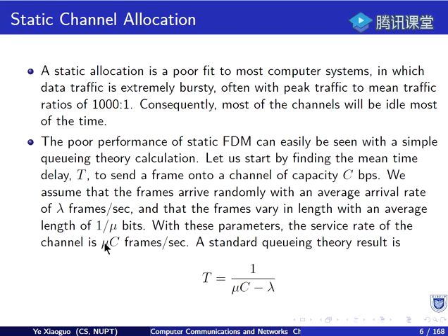Mu, capital C, frames per second. Here mu is the length, the average length of 1/mu bits. And the data rate is C bps.